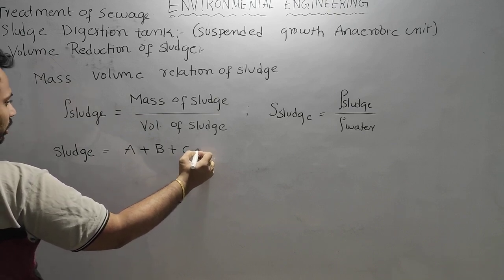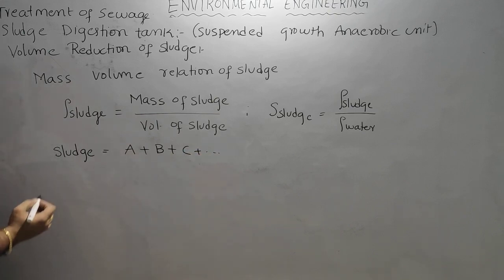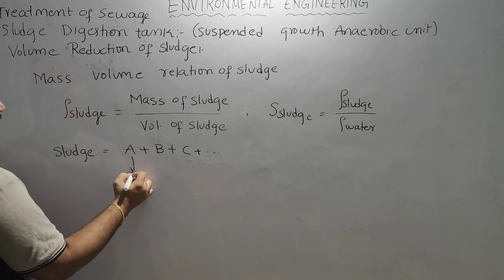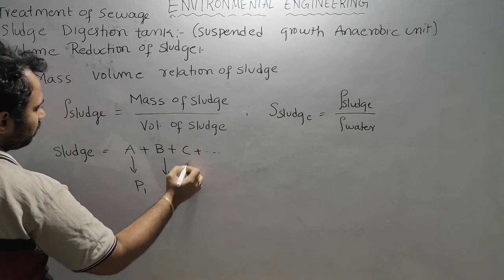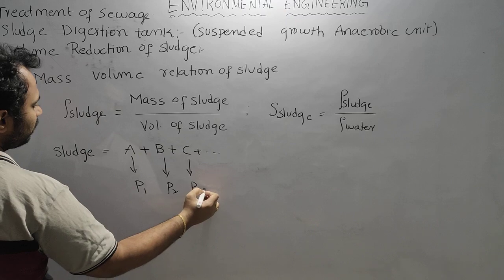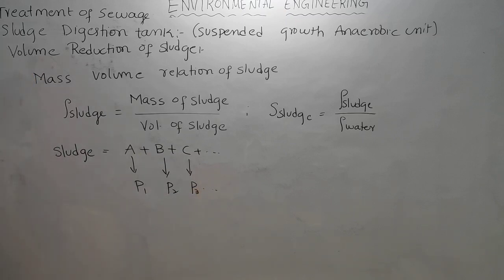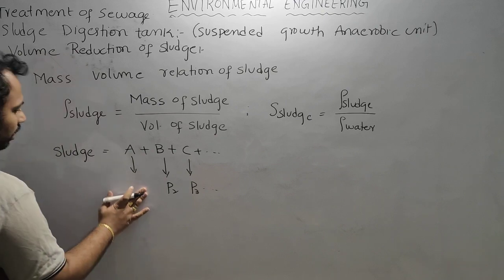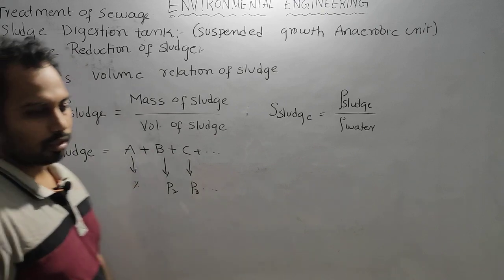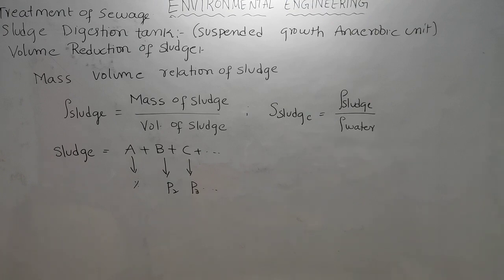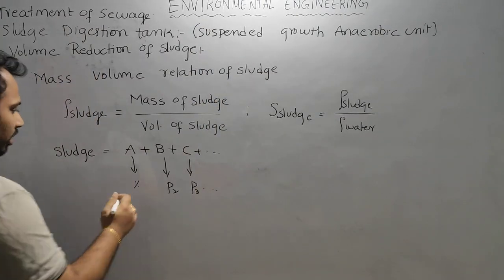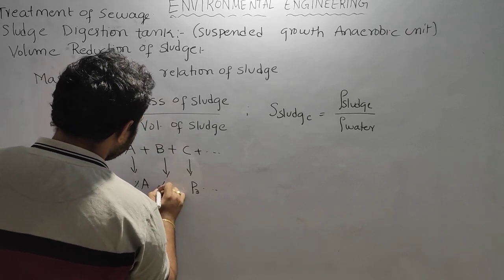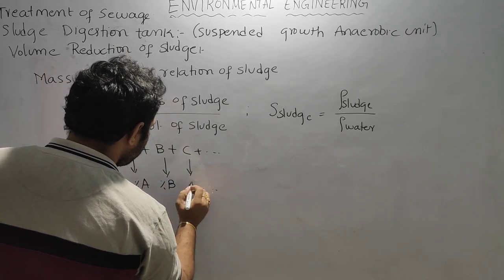So different molecules are there, and different proportions are also there. Let us take the proportion of A as percentage A, proportion of B as percentage B, and similarly proportion of C as percentage C.